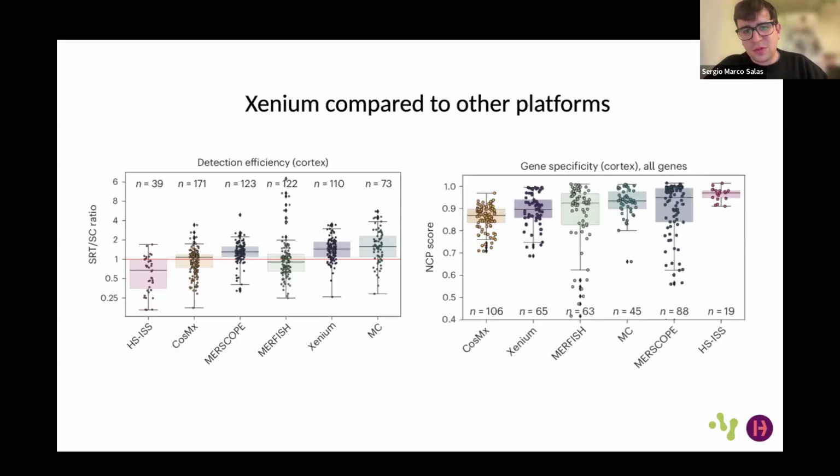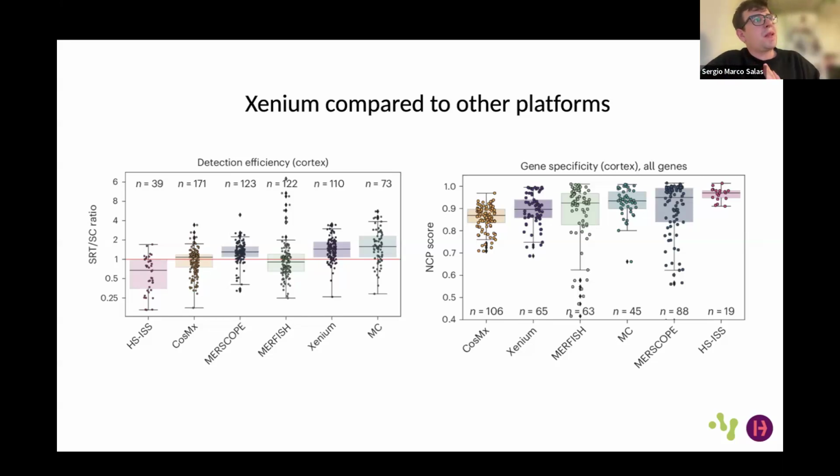And for this, we also put together a metric that we call NCP that measures the gene specificity for every individual gene. Basically, the NCP is a metric that essentially tries to quantify the lack of expression.